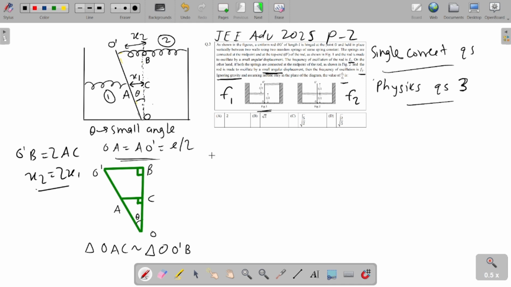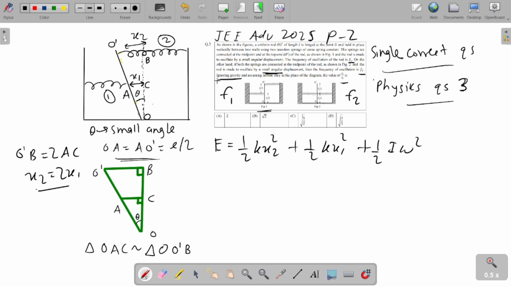This is important. Now, I'll show you my unusual method, which I used to solve this. Most people solve this by finding the force and torque and then solving. I have a slightly different method. I'm just going to state the total energy involved in this system. Total energy of the system is equal to half kx2 squared, which is the spring potential energy of spring 2, plus half kx1 squared, the spring potential energy of spring 1, along with the rotational kinetic energy of the rod, half I omega squared.